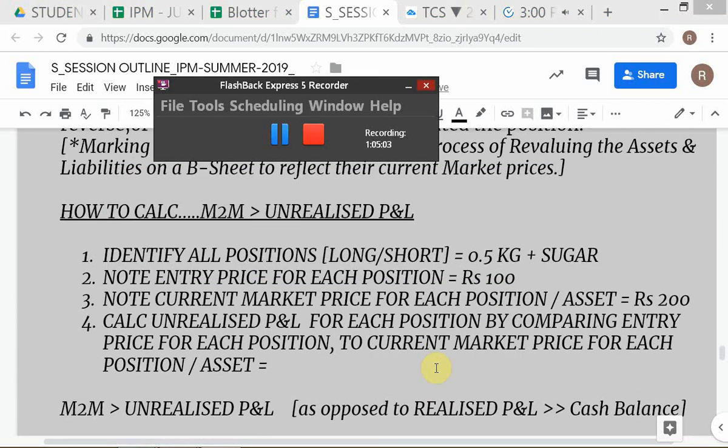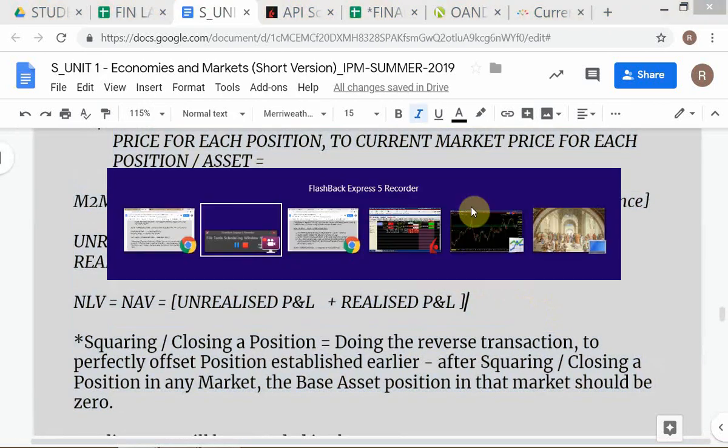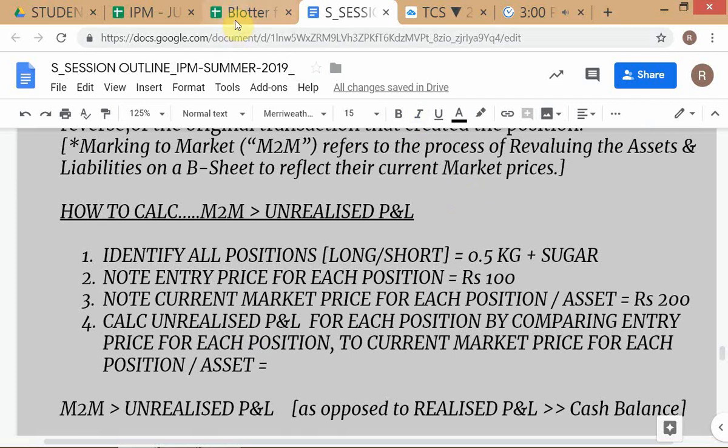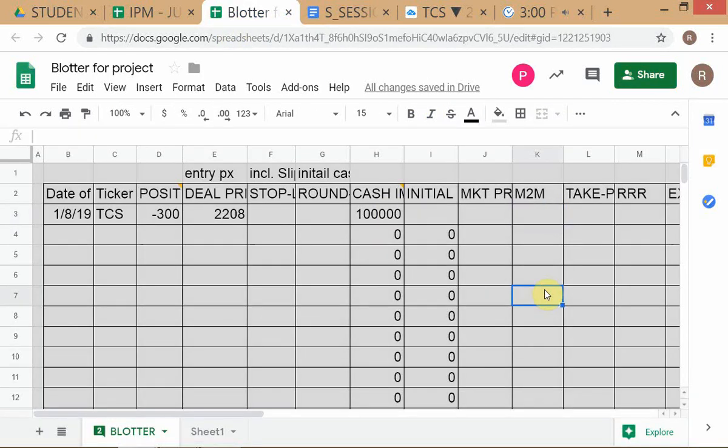M2M is what you do if you have, like here, where are we with the blotter? Okay, so in the blotter, this is the question that Tarun had, that he was not satisfied with the system's display of the M2M, because it's doing it on a day-to-day basis. Ideally, you're right, we would want to have the M2M reflect the initial entry price only, the distance between the initial entry price and the current market price.